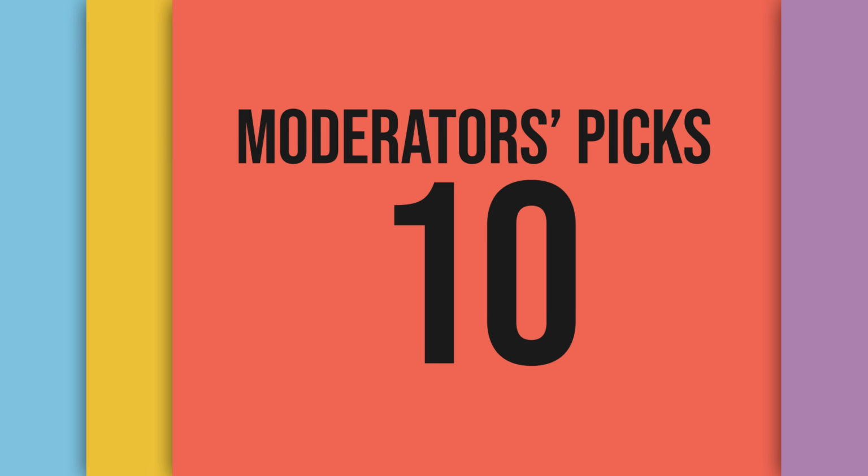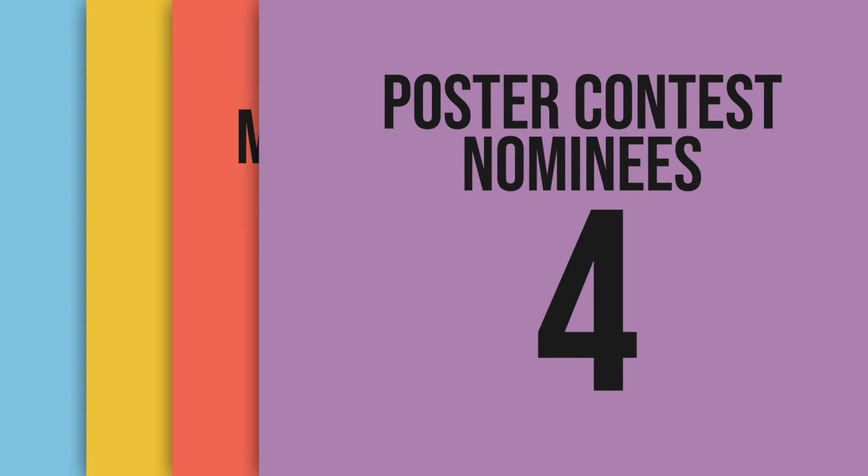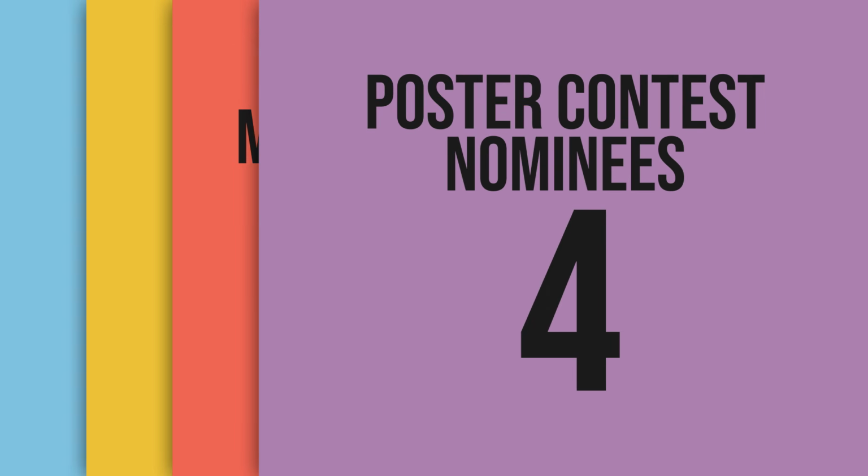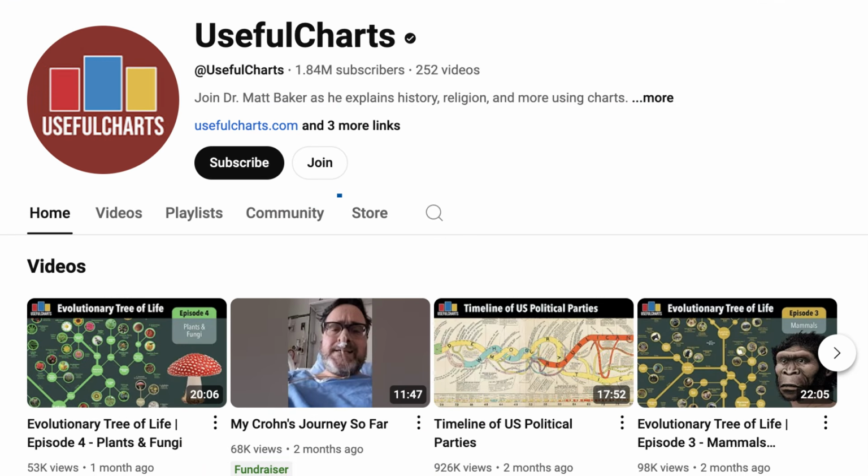All right, it's now time to discuss the annual poster contest. This year, I'm going to do something a bit different. I've chosen 5 finalists, but I'm going to let you, the viewers, choose the actual winners by means of a vote. To vote, just go to the Community tab here on the Useful Charts channel. The 2 charts that get the most votes within the next 3 days will be the ones printed and sold in our store.